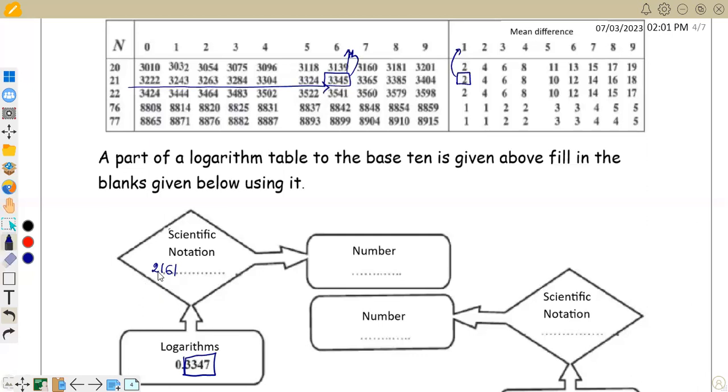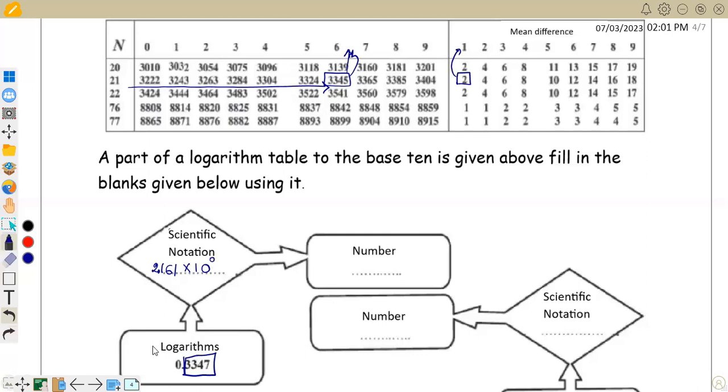Then first of all write this in scientific notation. It is 10 to the power of 0. Okay.